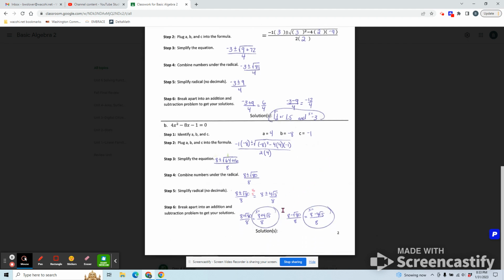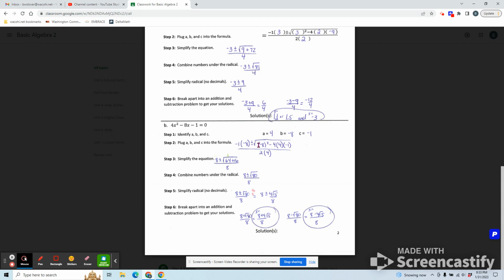Likewise down here. So identify A is 4, B is -8. It says -8, so -8, and C is -1. Plug it in. So -1 times B plus or minus the square root of B squared minus 4 times A times C. Now notice here I've got -8 in parentheses because I want to make sure that you get the correct answer. This isn't saying -8 squared.